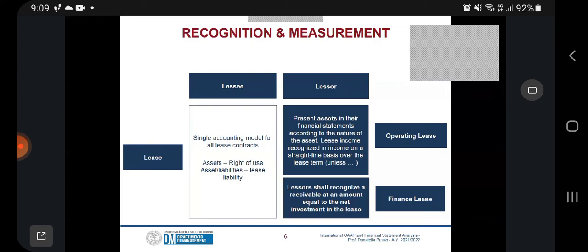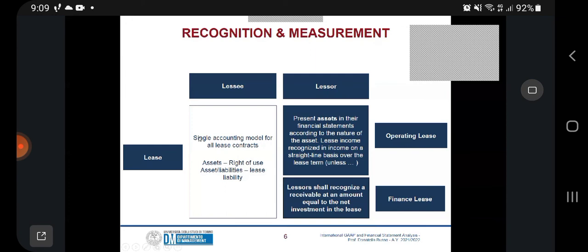according to the subject. For the lessee, there is only one single accounting model. The lessee does not have to analyze a lease contract in order to understand if it is operating or finance.